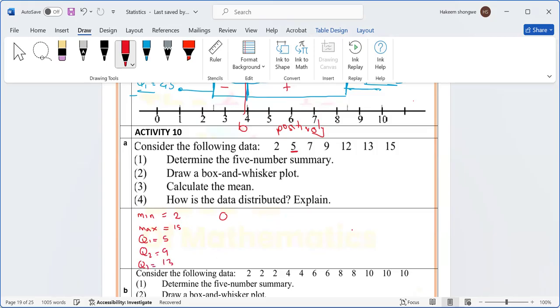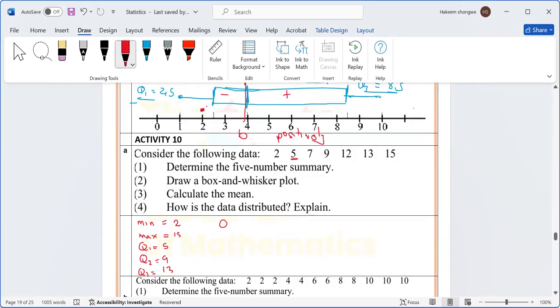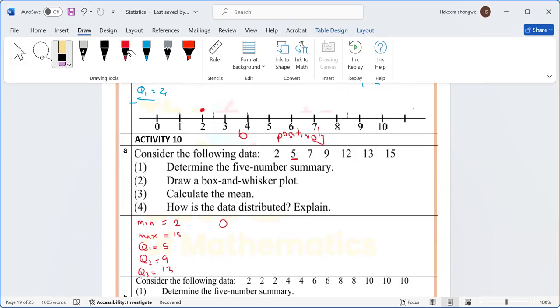Then below the five-number summary, we draw the box and whisker plot. So for the box and whisker, the minimum is 2, and your maximum is 15.